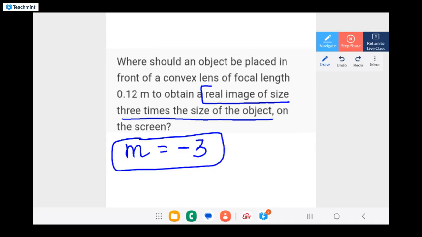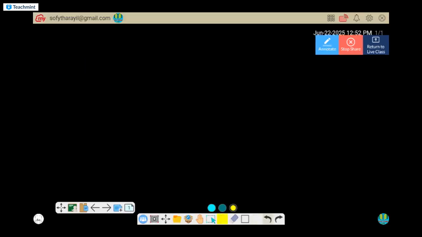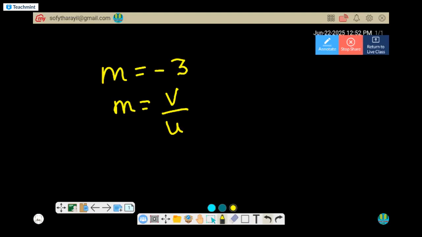Now how helpful is this? The magnification formula, we know, is V by U. So magnification value is minus 3, and the formula for magnification is V by U. You know M is minus 3, V you do not know, and U also you don't know.